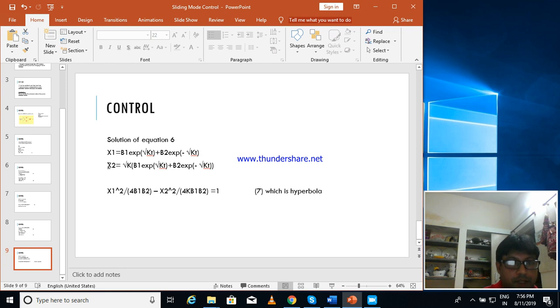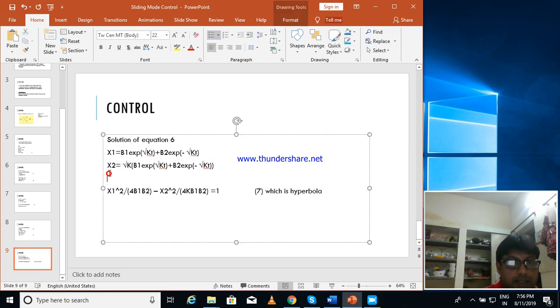And simply if you differentiate, x2 is a variable. I'll tell you why I am differentiating, that will come later. So this x2 is a variable I have defined, which is nothing but the first derivative of x1, which is nothing but this one.